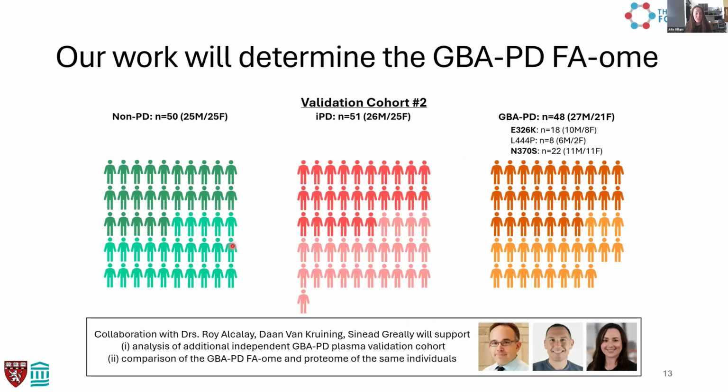And as has been mentioned a few times already today, we also have this additional validation cohort where we will be able to determine fatty acid profiles in individuals without PD, with idiopathic PD, and with GBA-PD. The predominant mutations here are the E326K mutation and the N370S mutation. And we can compare this with the work that was presented for the phospholipid head groups and also the proteome.